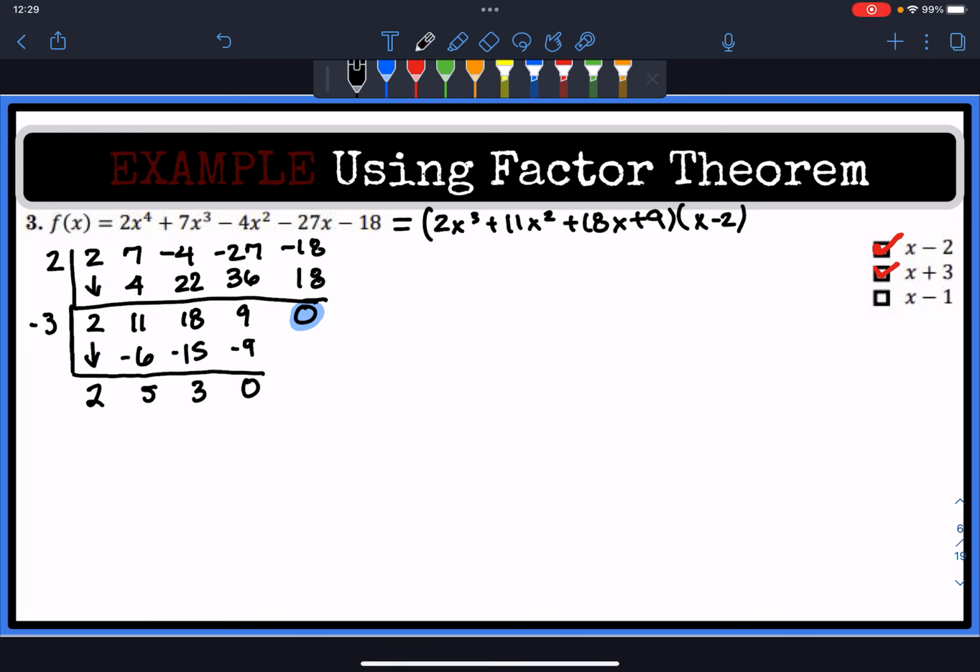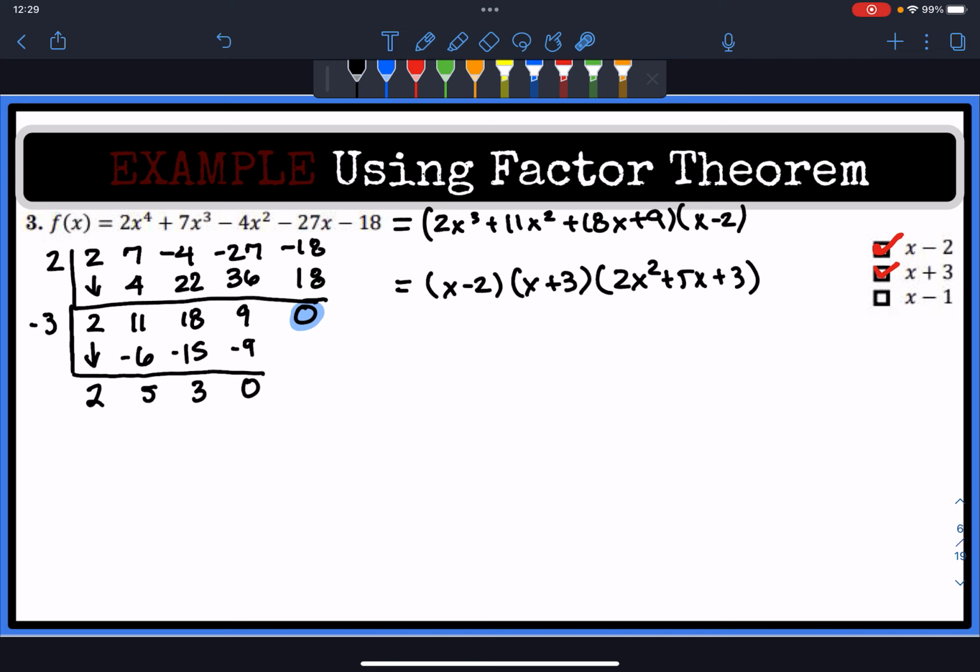So what that means is that if I multiply my factor of x minus 2, with my other factor of x plus 3, with this answer right here, these three things multiplied together is going to give me that.